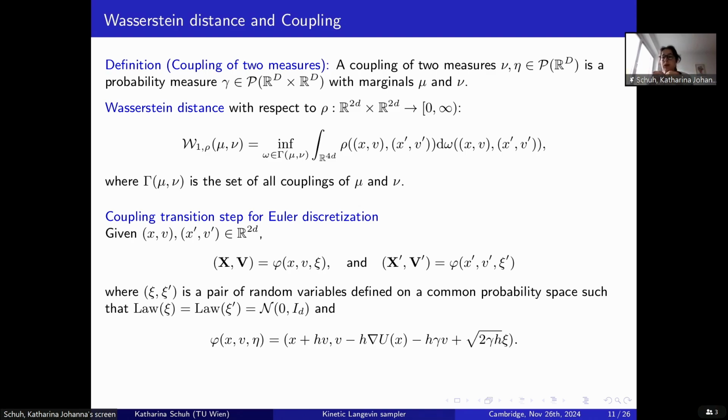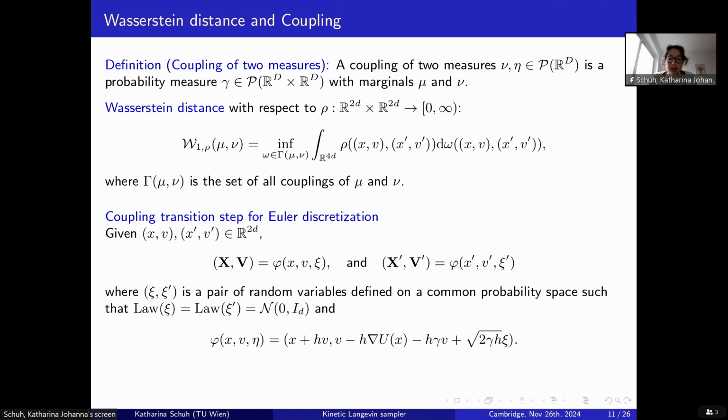Then we want to get to the next position and velocity of these two copies. This is done by taking a pair of random variables psi and psi', both defined on a common probability space, such that they are both normally distributed.